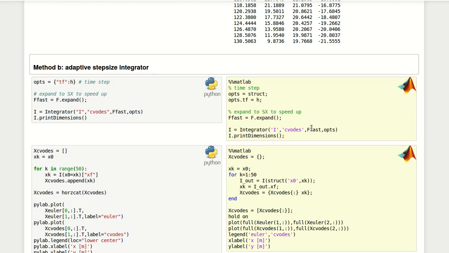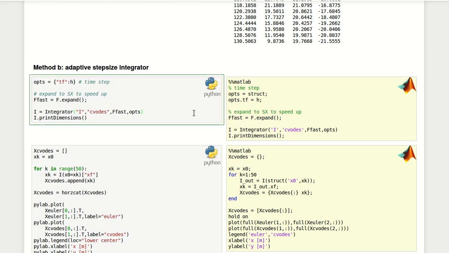So it's this kind of function with annotated inputs and outputs, with dictionaries or structs. We might as well just put big F here, but here I expanded it into a scalar expression function for speeding things up a bit, but it's not mandatory.